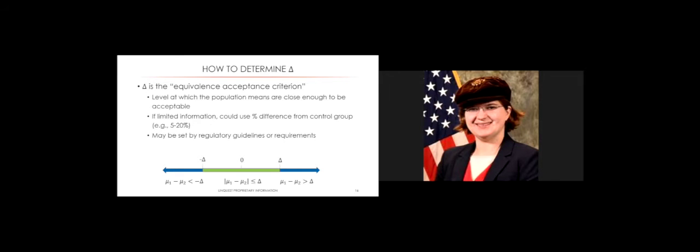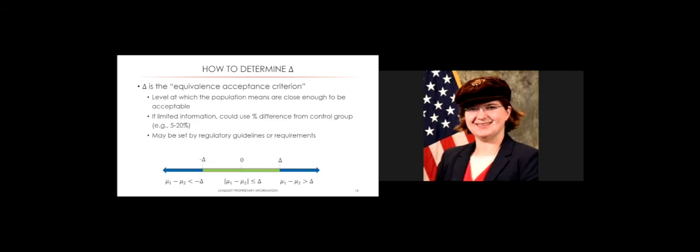Okay, so we've talked about the delta value, your equivalence acceptance criterion. That is an input you have to give when you're doing this analysis. You don't have to do this for a 2-sample t-test. You might use it to plan and to estimate power and things like that, but you don't actually have to specify it in the actual analysis. Delta is the level at which the population means are considered close enough to be acceptable.